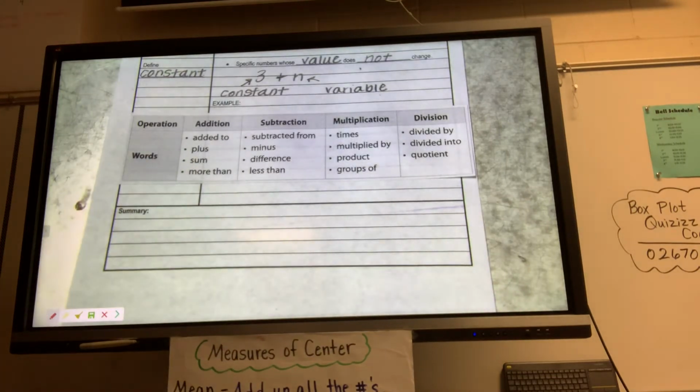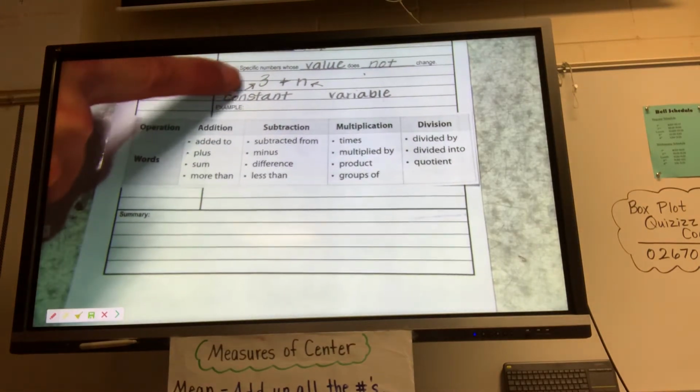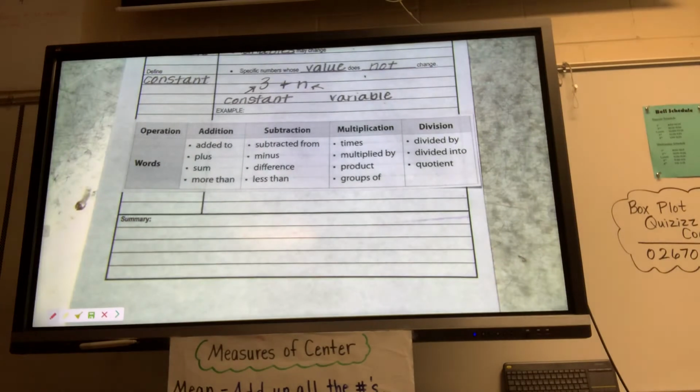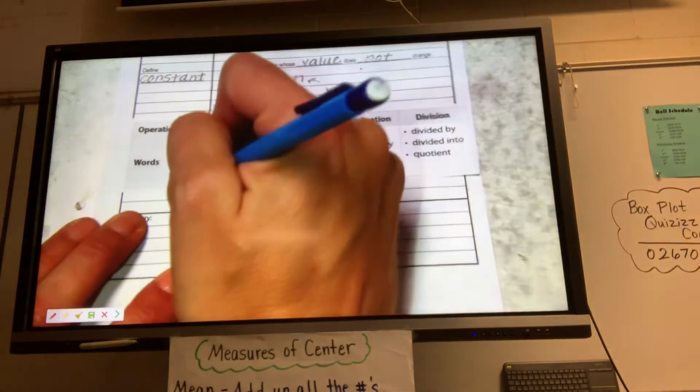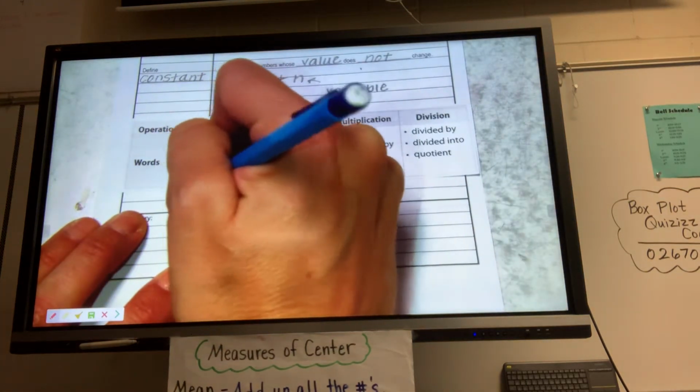They're going to be giving us some words and we're going to have to write the actual expression that kind of looks like this. So whenever they give it to us in words, for addition, they may use the keywords of added to, plus, some, more than. Let's add another one to this list. Increased.